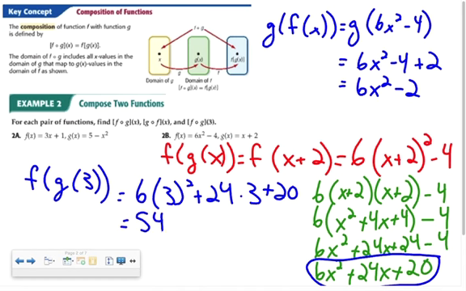So that's 6 times 9, which is 54, plus 72, plus 20, equaling 146. And I'll pause a moment before I change screens so you can make sure you have everything you need from here.